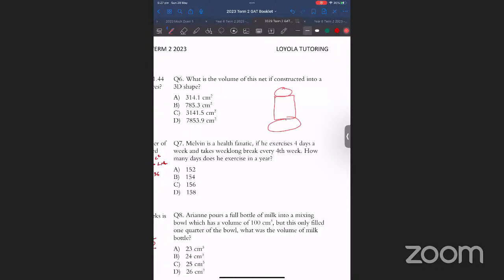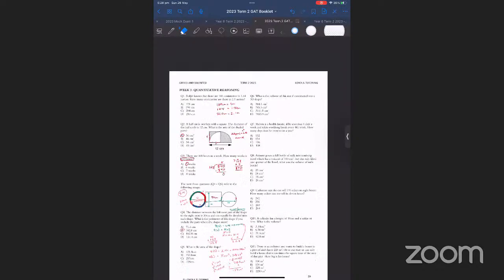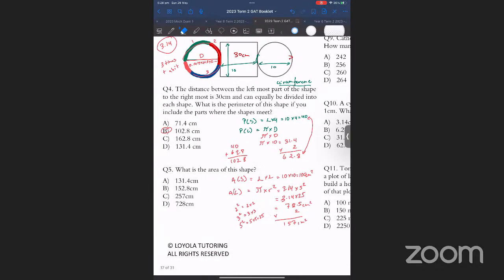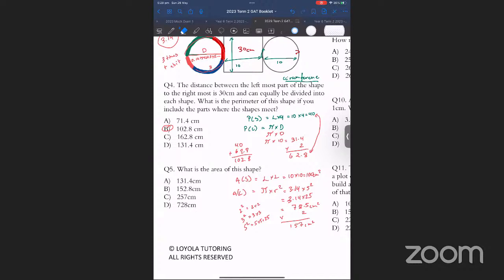So next question. This is another thing that I want to teach you guys. What type of 3D shape is a cylinder? Good, Jace. It's a prism. By the way, I'm just going to keep this on because some people wanted to write it down.